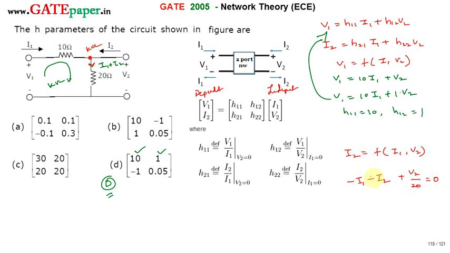Now writing I2 in terms of I1 and V2, I2 is equal to minus I1 plus 1 by 20 times V2. Minus I1 means minus 1 into I1. So from this, H21 is minus 1 and H22 is 1 by 20, that is 0.05. So the right option is D. D is the right option for this question.